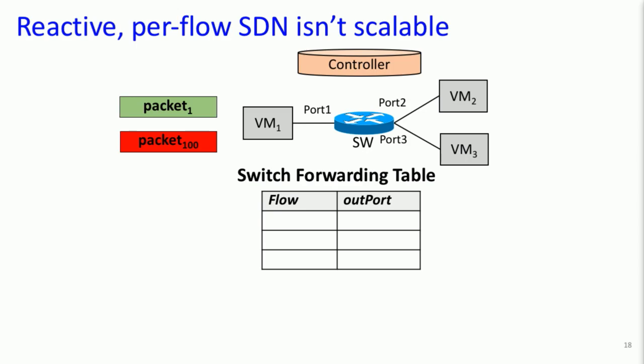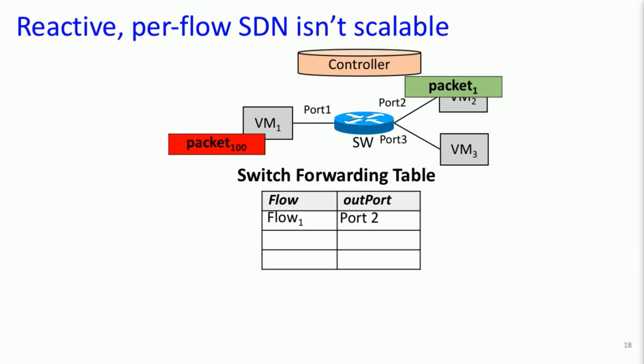So if we use SDN naively, here is what's going to happen. Whenever a packet that belongs to a new flow arrives, the switch needs to talk to the controller to get the forwarding rule, install the forwarding rule, and only then can it send along the packet. And this happens for every packet that belongs to a new flow. Now, if you think about it, there are 2 obvious problems with that in the context of DDoS. By the way, in a benign scenario, that works perfectly fine.